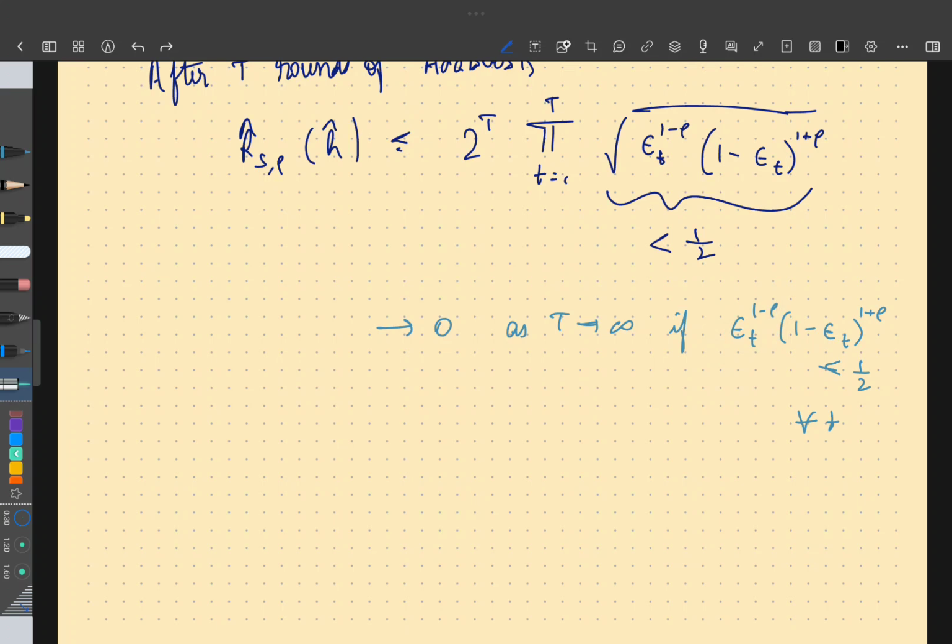So if you choose rho appropriately based on gamma, you're guaranteed that this is less than half, and therefore if you have a weak learner at each step, then this quantity goes to 0 exponentially in t for some particular rho. Any questions?